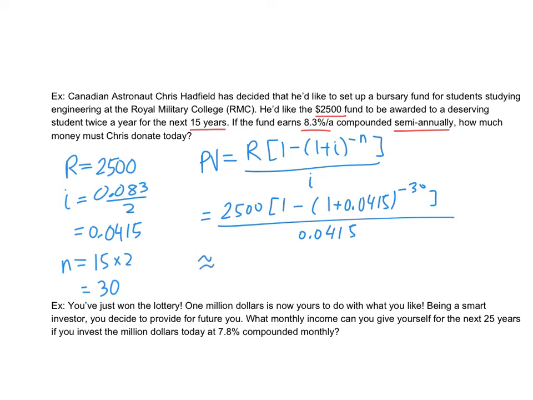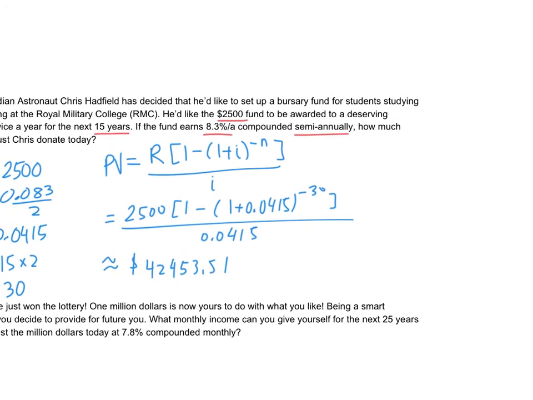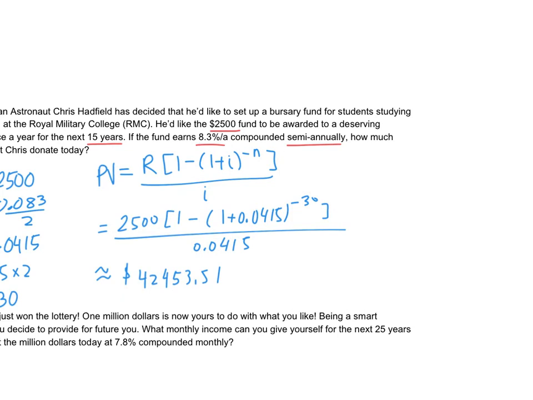So hopefully you got $42,453.51. Now, if we cared about the amount of interest that was actually earned on this account, what we could do is, in terms of the withdrawals, or how much the student actually gets, 2,500 times 30 withdrawals is going to be 75,000.